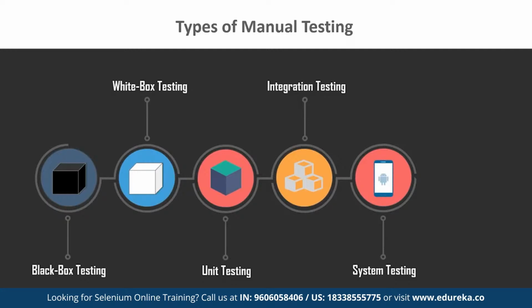There are various system testing techniques, like functionality testing, performance, scalability, stress testing, and regression testing. I can't discuss them here, but we do have other videos in the Edureka playlist to refer to if you want to know more about these system testing types. So please go ahead and refer to other videos in the software testing Edureka playlist.